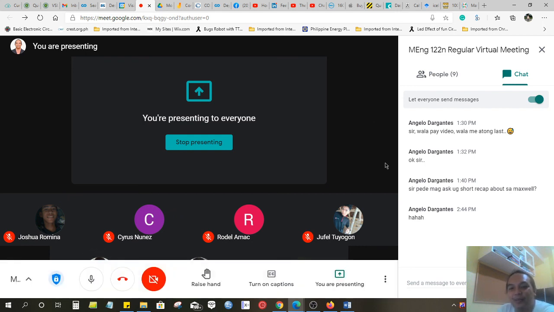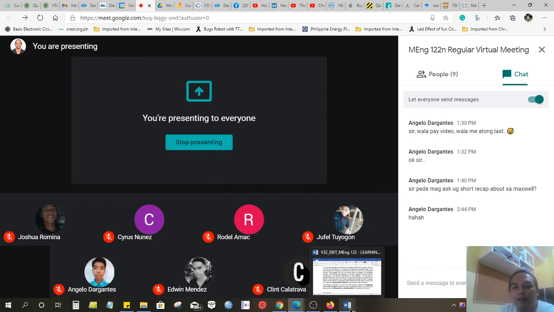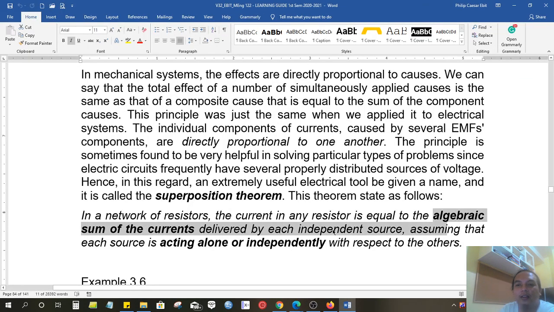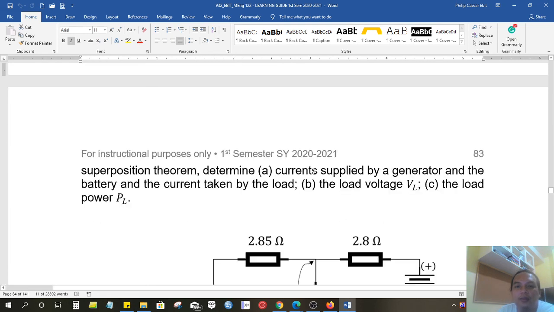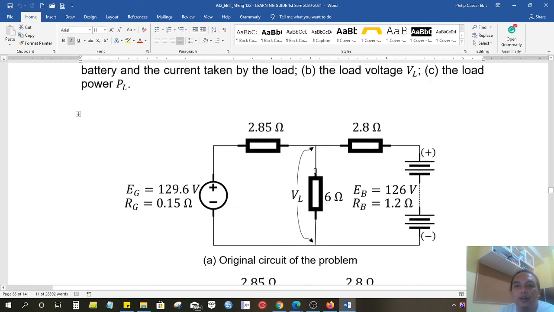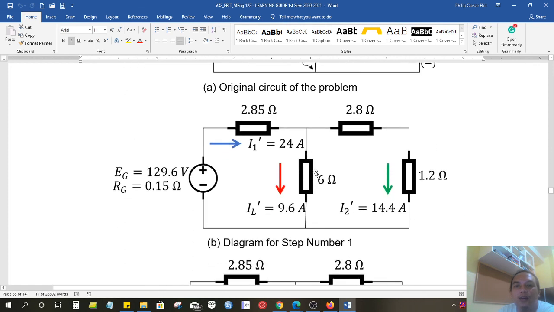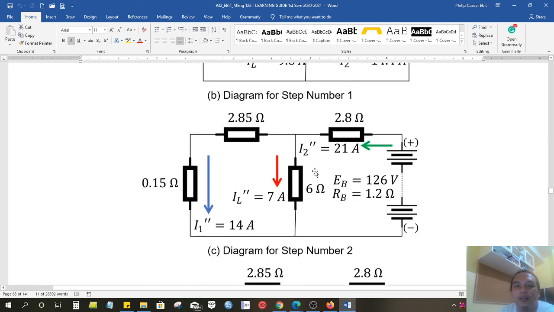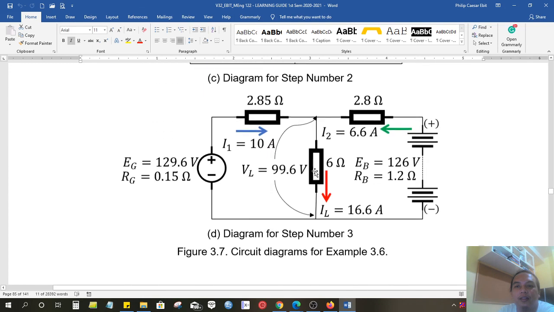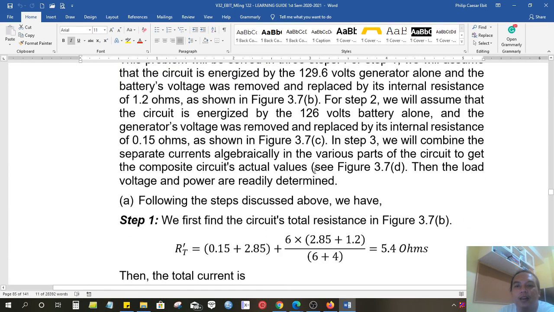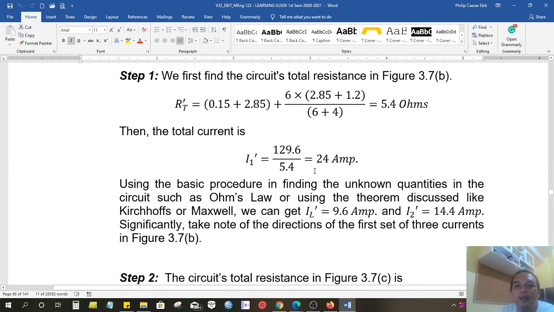Okay, so that's all sa atong superposition theorem. Actually, naa ko example dire, but I reserve this for you para you have another circuit nga praktisan. Lain-lain, no? Naa na siyang step by step dire.